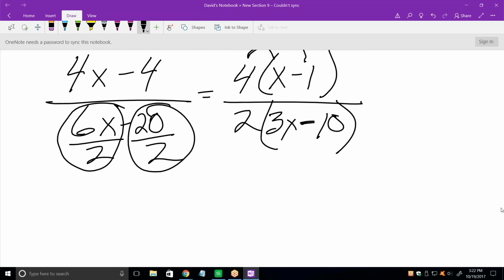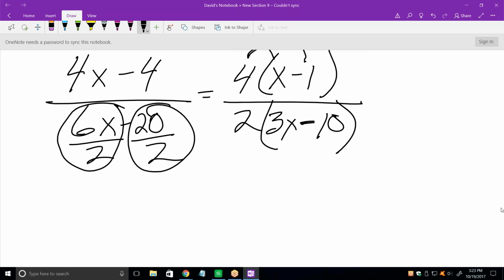Now, do these two things multiplied together equal 6x minus 20? Yes. So we've done it correctly. And that's a check you should always do as you're doing the problem. You don't wait till the end and go back and check each step, because some problems have like 9 steps in them. And if you wait till the end and you get the wrong answer, you have no idea where you made the mistake. You got to go all the way back to the beginning. So it's a really good idea to check your math as you go.